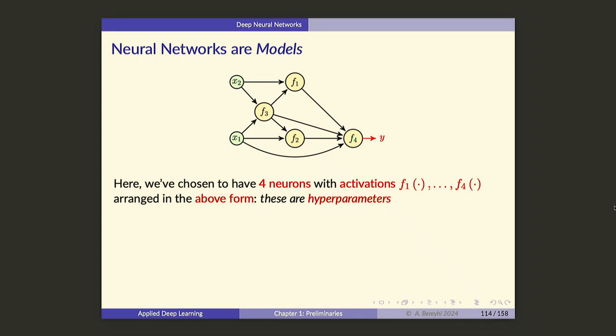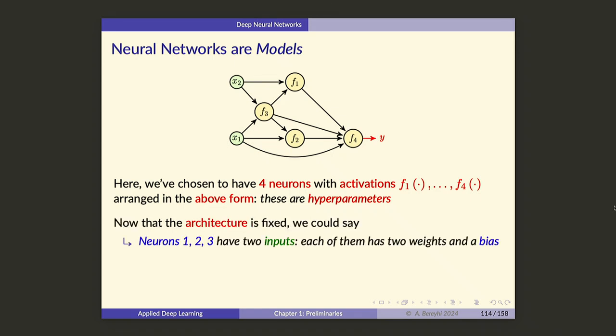But once I give you this, you can tell me how many weights and biases I have here, right? For example, let's look at neuron 1. So 1 has 2 different inputs, right? Clear? So how many parameters does it have?